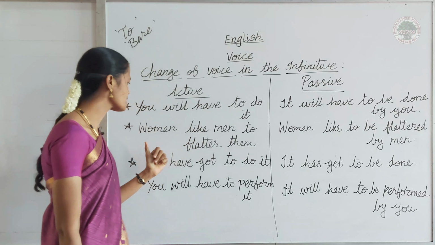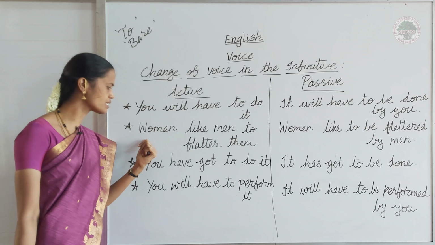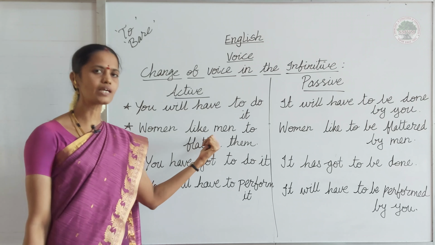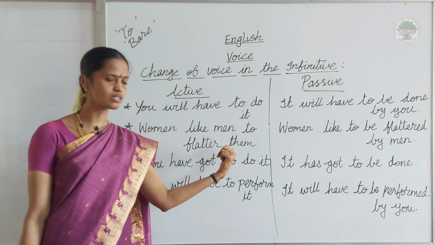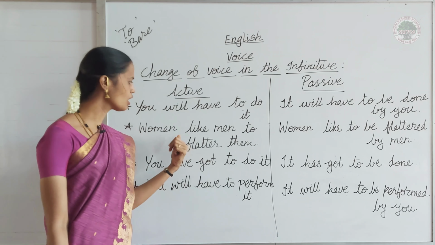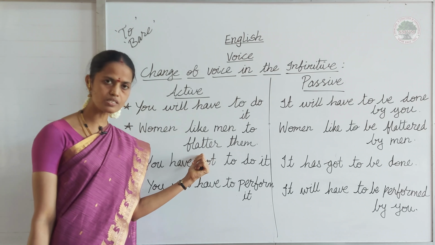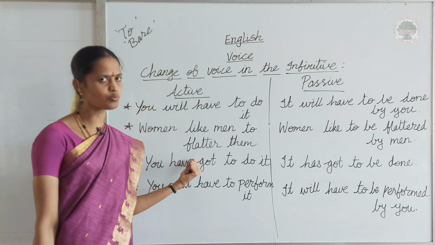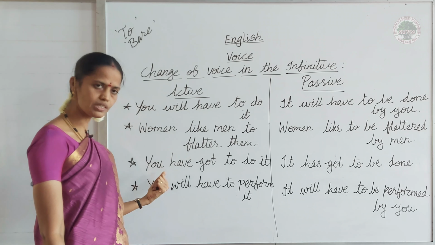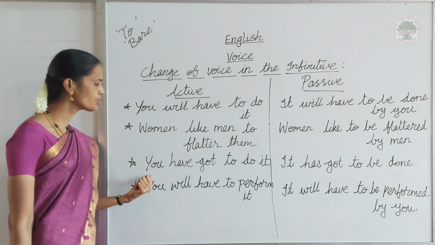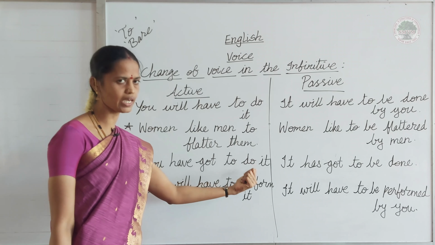Then we can go to the second active voice sentence: Women like men to flatter them. Here like is the main verb, and to flatter is the to-infinitive we have used here. If you take the third example, you have got to do it.